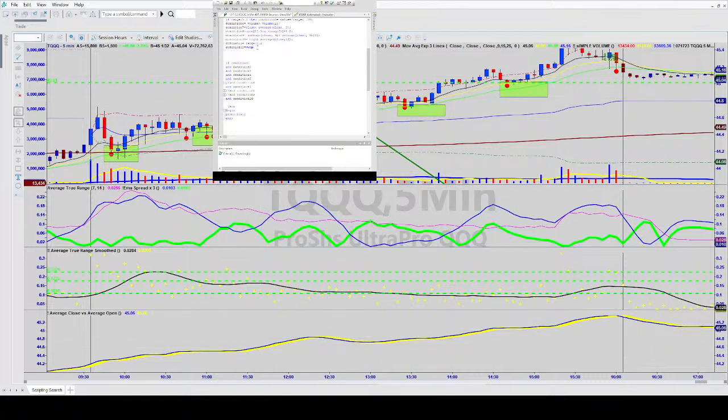We want it to have a rest or have a pullback. All right, so we're going to do average of close of 9 is less than or equal to average of close of 9 of 2 bars ago.